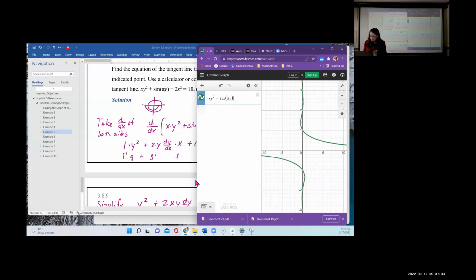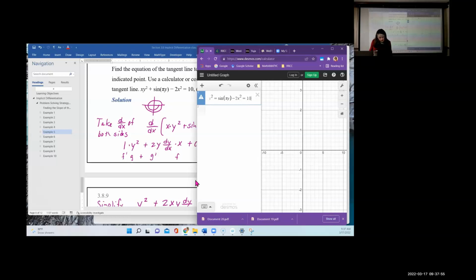All right, minus 2x squared. Oh, now that is really sick. I'm sorry, but that's seriously cool. I mean, okay. I'm just having fun here myself. All right, equals 10.